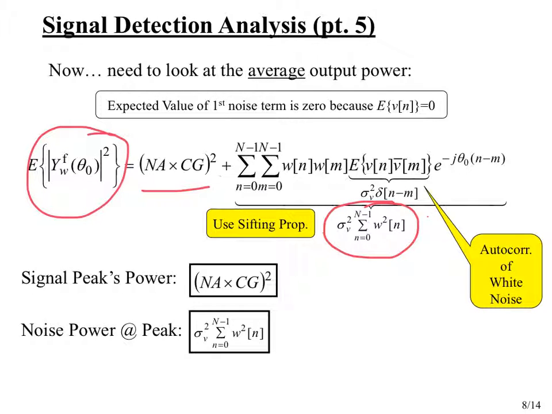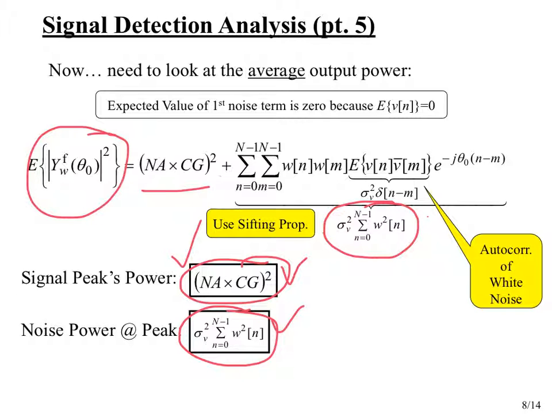And so we can compare those two things. This is the signal's peak power in the DTFT domain, and this is the noise power at where the peak is. So if we compare those, this is the thing that we'd like to make much bigger than this.